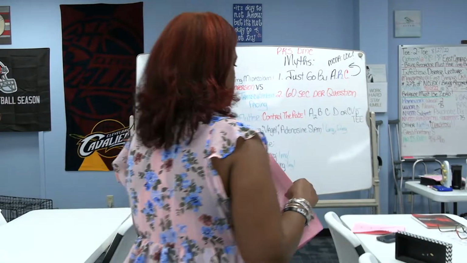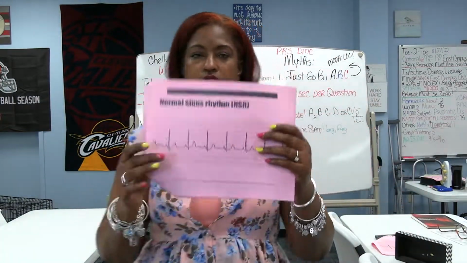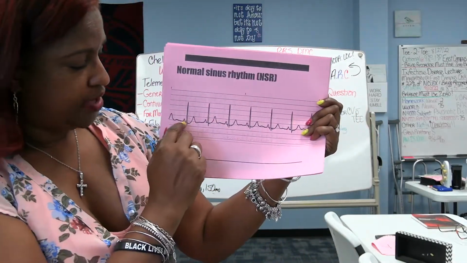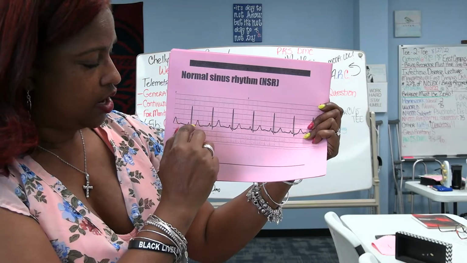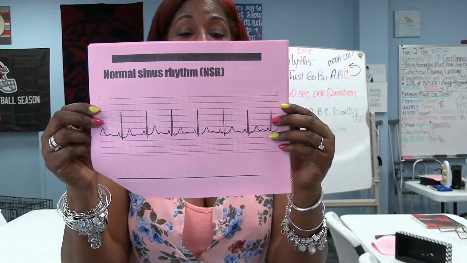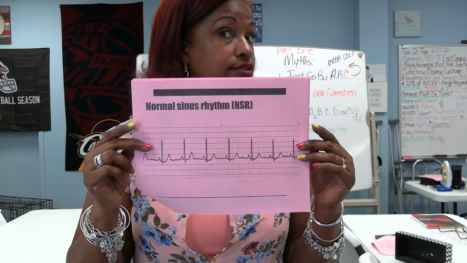So let me show you without the colors what we're saying. So you have this normal sinus rhythm with the P, the Q, R, S, T. It's not colored, but it's very, very clear. You remember that original strip I showed you a bit ago before I flipped out to this one?